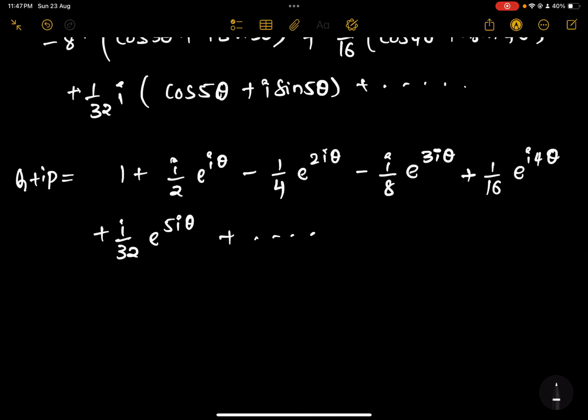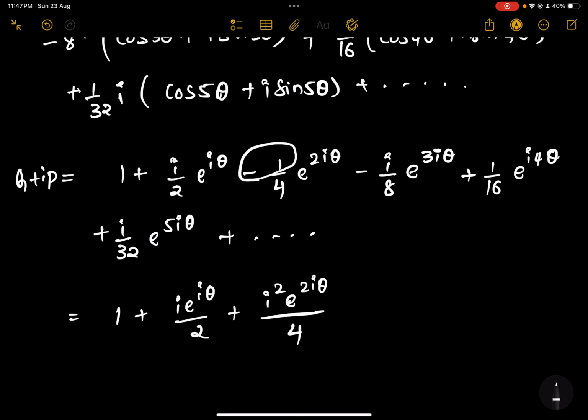Now, even now we have something to manipulate here. All right, so let's do some manipulations. 1 plus i e to the power i theta divided by 2. Now this minus 1, I'll write as i square: i square e to the power 2i theta divided by 4.